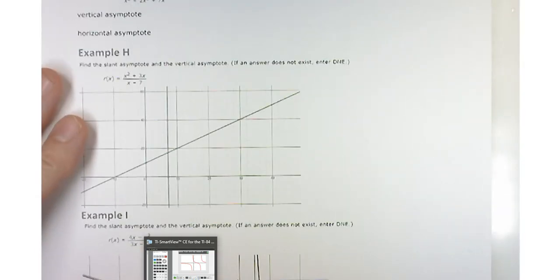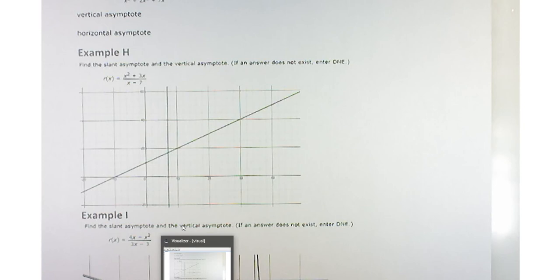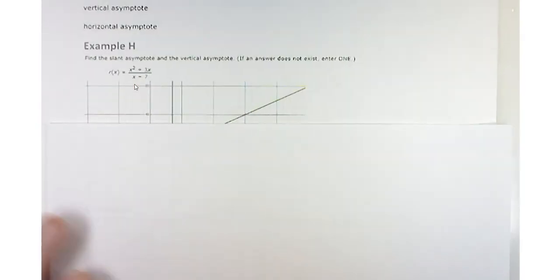Let's keep going. Let's flip over to the backside and look at this one, Example H. Something a little bit different about this one. Let's find its vertical asymptote first, and we'll work on the horizontal asymptote second.